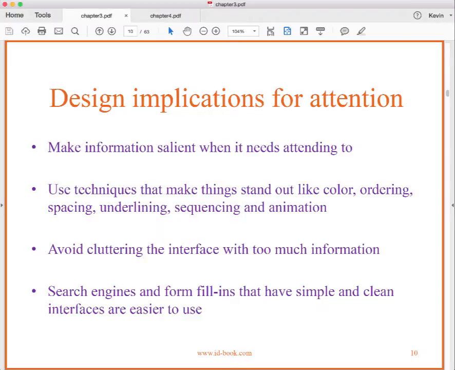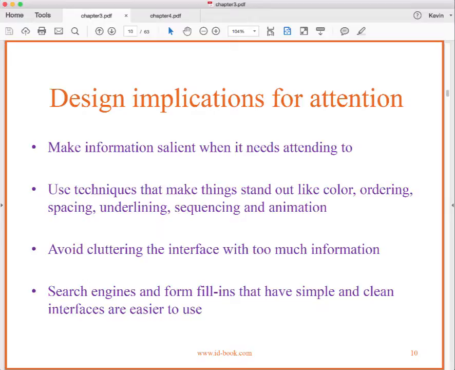So when we think reflectively and we do research on attention as an element of cognition, it's going to have implications for our design, for the interactions in our systems. We want to make information salient when it needs attending to.